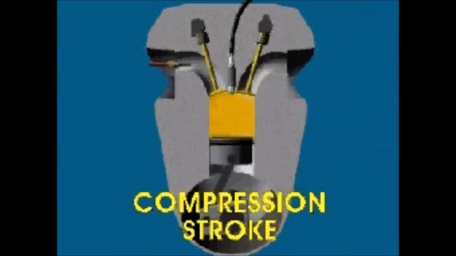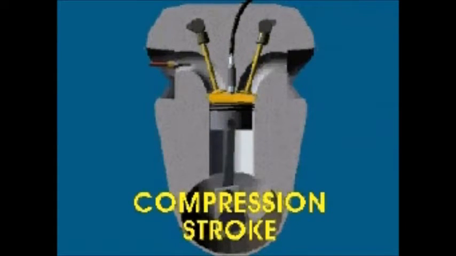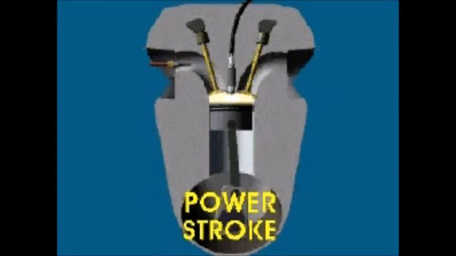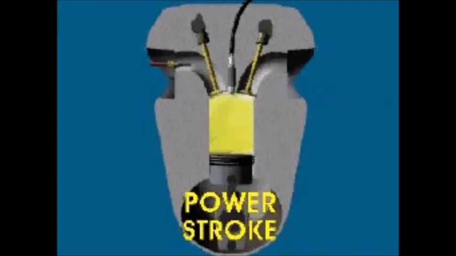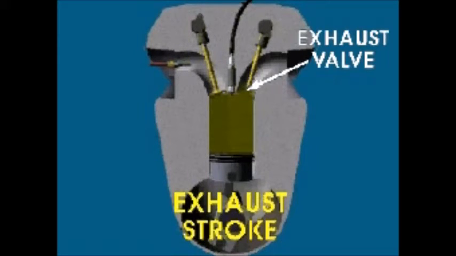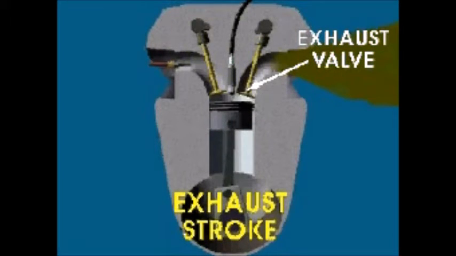The piston moves up the cylinder, compressing the fuel-air mixture. At the top of the compression stroke, the spark plug ignites the mixture. In the third stroke, both valves remain closed. The burning gases push the piston down for the power stroke. In the final stroke, called the exhaust stroke, the intake valve is closed and the exhaust valve is open. The piston moves up the cylinder again, pushing the burn gases out.